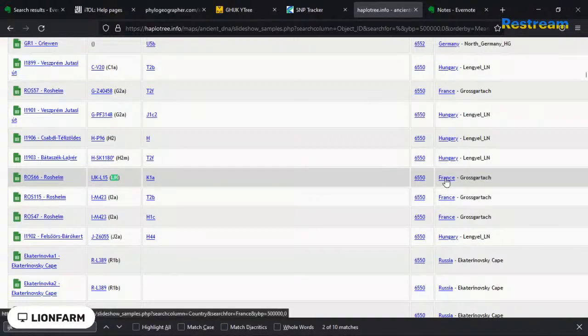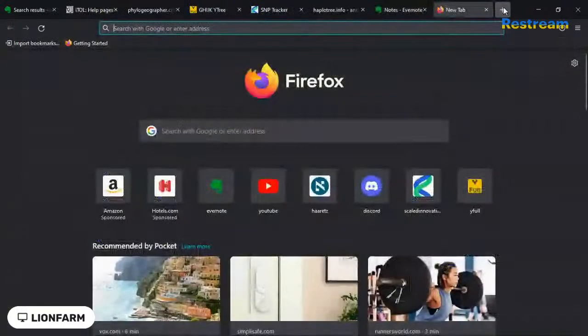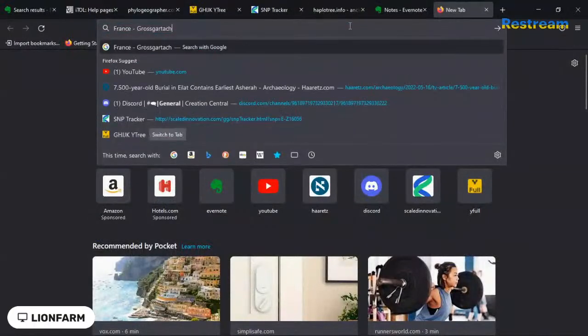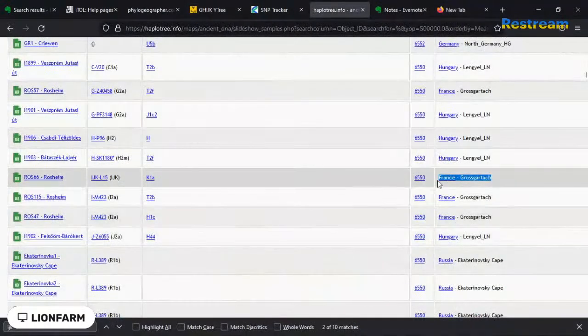So there's a place in France. This is the time frame, Neolithic time frame. So most likely Neolithic, this place in France. And I had showed before how you look these things up on paper, right? If you use this little tool, you just copy this last one right here.